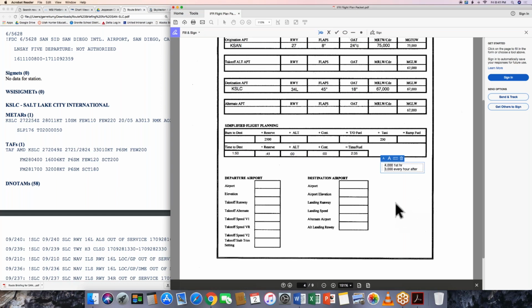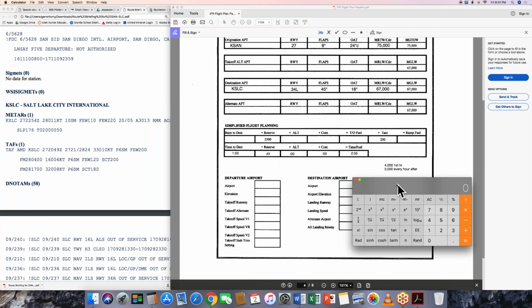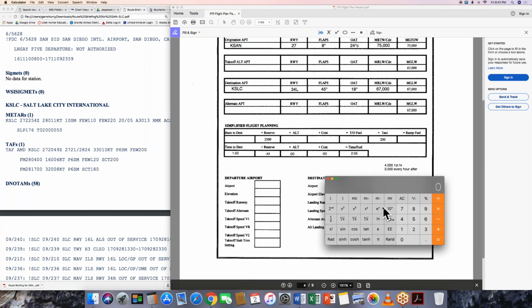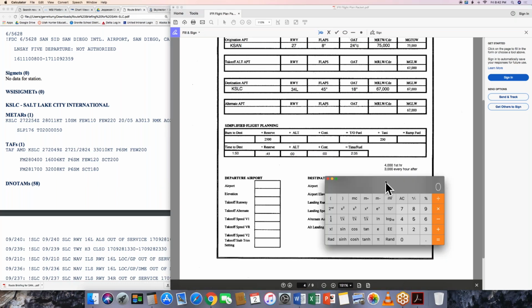That being said, we have 1 hour and 50 minutes, right? So let's pull up our handy dandy calculator here. We know that we have 4,000 pounds for our first hour.